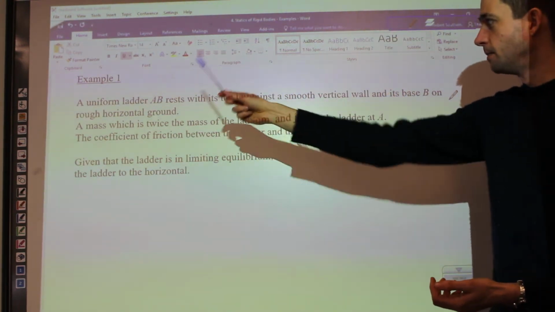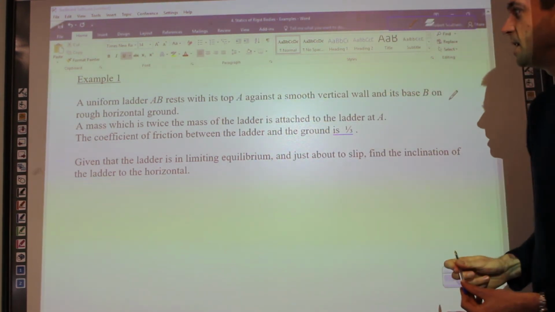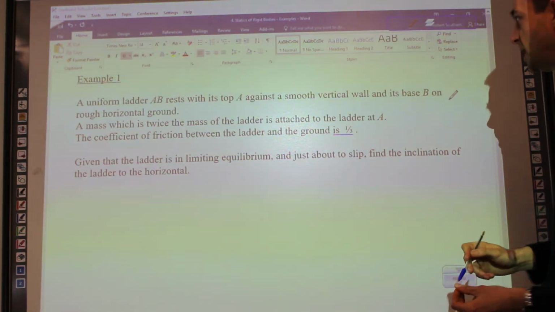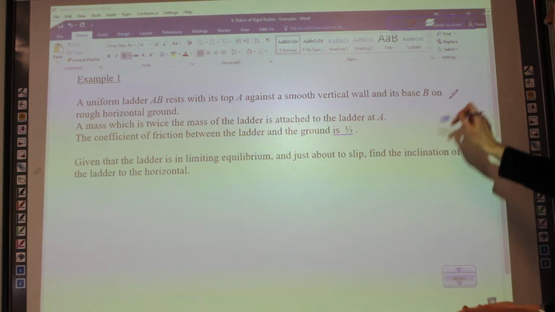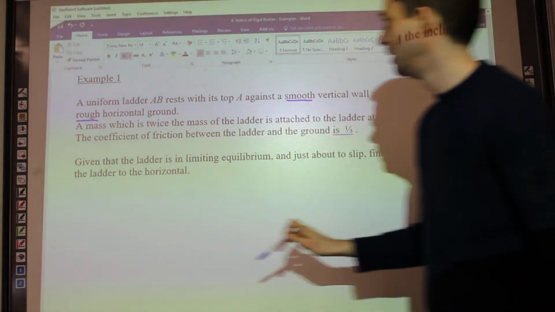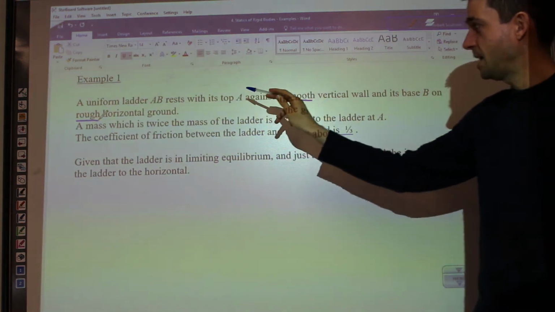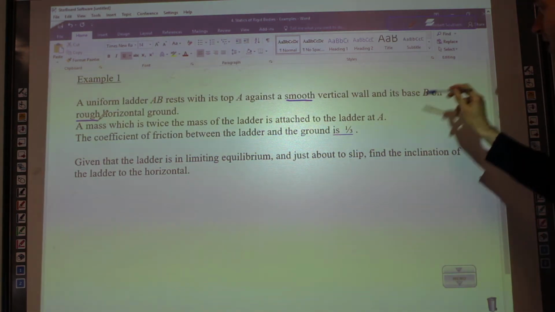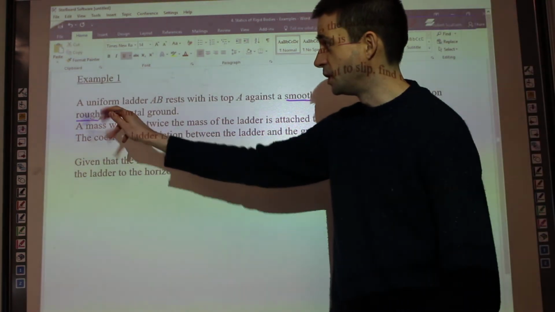Okay, so a uniform ladder, AB, rests with its top A against a smooth vertical wall and its base B on rough horizontal ground. So straight away again we've got that word smooth and we've got that word rough, which means that at the point A, which is at the top against the wall, there is no friction. At the point B, which is on the floor, there is friction because it's rough.